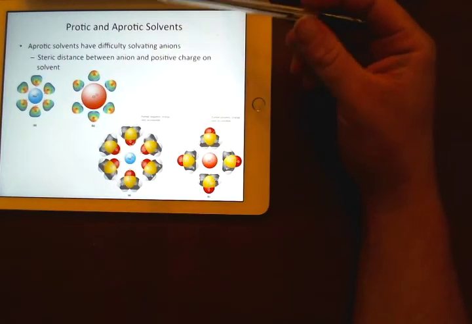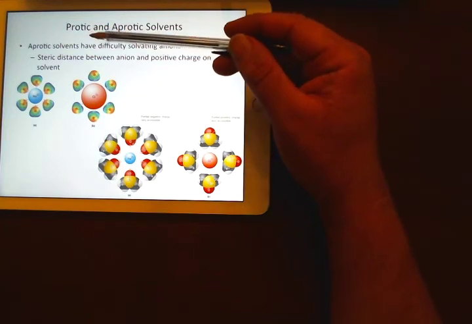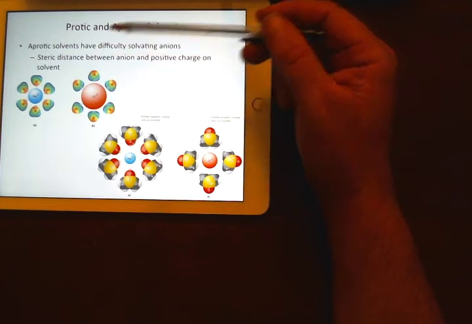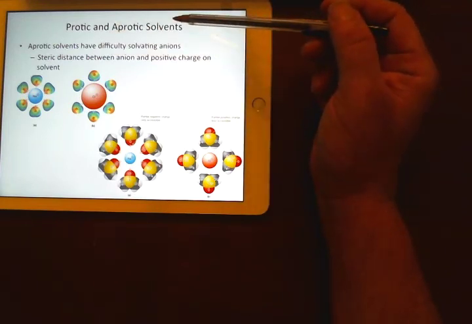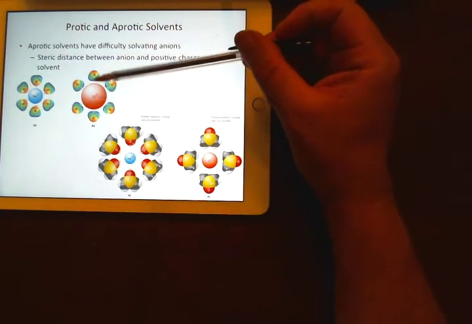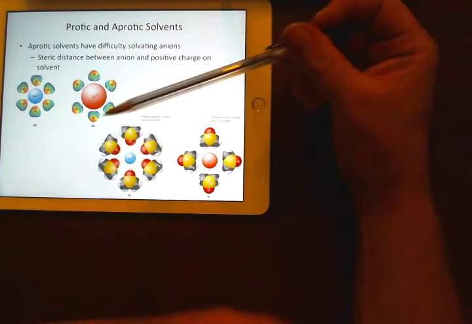So aprotic solvents, protic solvents can generally be much better at dissolving ions. Because they have the hydrogen bonding, they have other interactions. But for aprotic, you're just talking about dipole-dipole interactions.